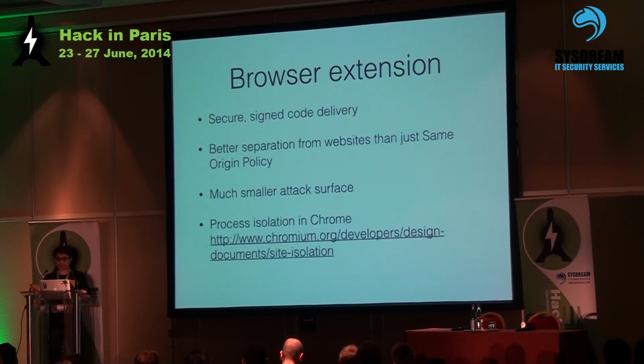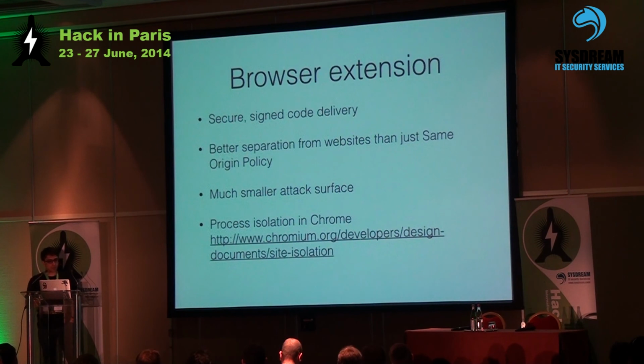With browser extensions, you get secure and signed code delivery from a lot of web stores, let's say. Well, unless you want to install the extensions manually by ignoring the warnings that the browsers give you. You have way better separation from other websites, so basically from other arbitrary code that can trigger an exploit on your browser, than just a thin layer of same origin policy.